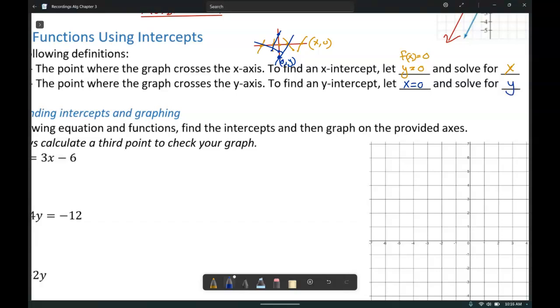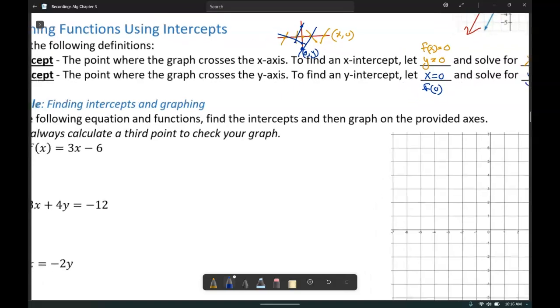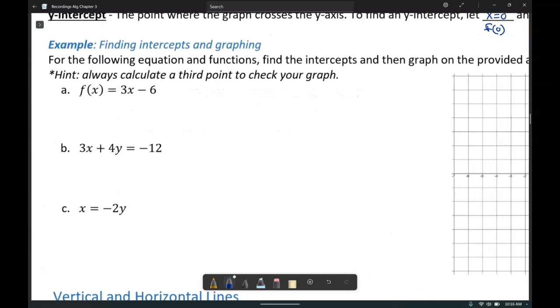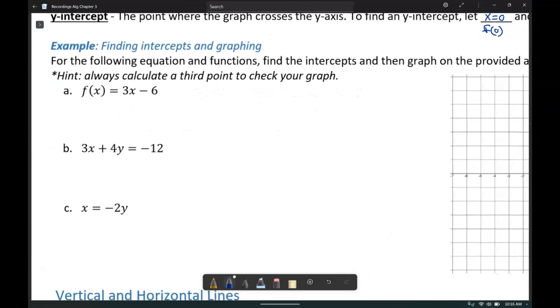If we're in function notation, we're evaluating for f of 0. So the following questions want us to find the intercepts and then graph using those provided intercepts. When we're using intercepts, it's always a good idea to calculate a third point to check to make sure our graph is good. So we'll start with our x-intercept.